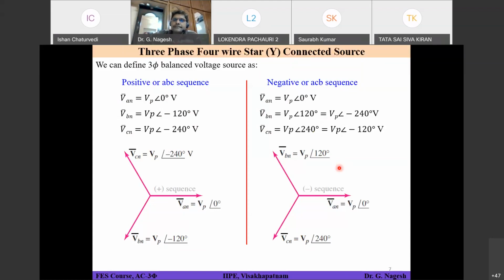Only thing is, since you have made the rotation in the opposite direction, your B phase angle will be different. In this case, if you have minus 120, you will have plus 120 here. Only the phase angle will be varying. Remaining all things will remain the same.